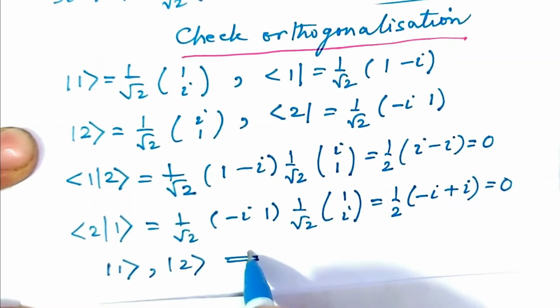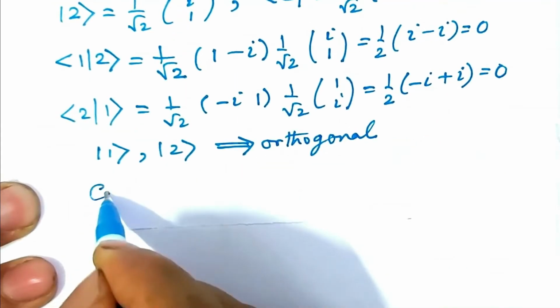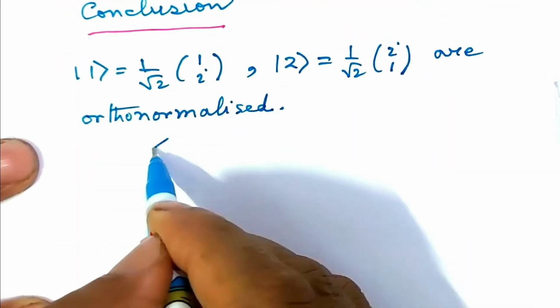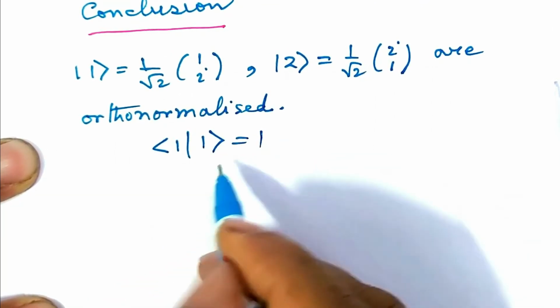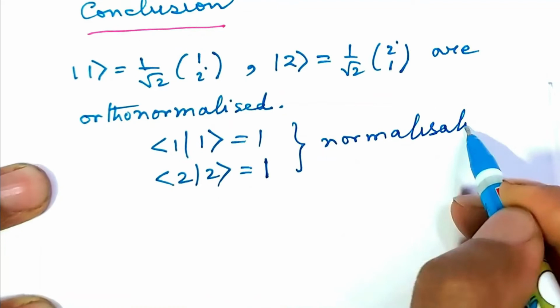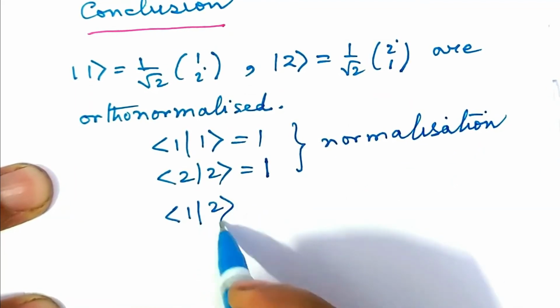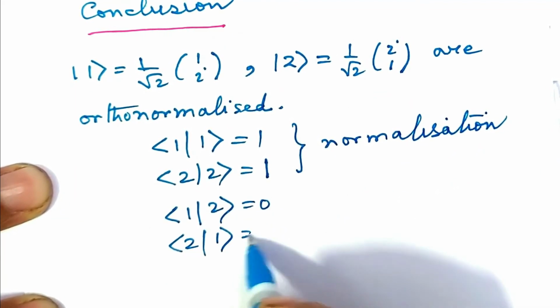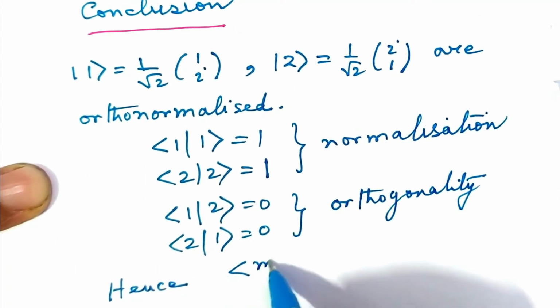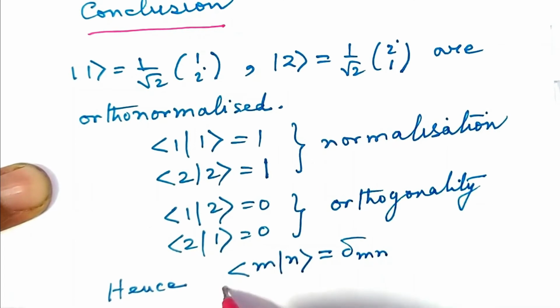So ket 1 and ket 2 are orthogonal. Conclusion. Ket 1 and ket 2 are orthonormalized since bra 1 ket 1 is 1, bra 2 ket 2 is 1, which indicate normalization, and bra 1 ket 2 is 0, bra 2 ket 1 is 0, which indicate orthogonality. Hence bra m ket n is Kronecker delta mn.